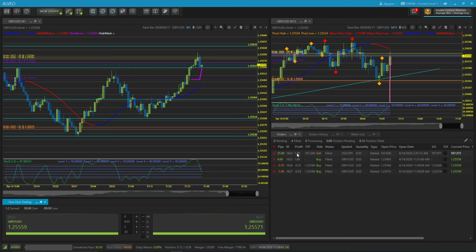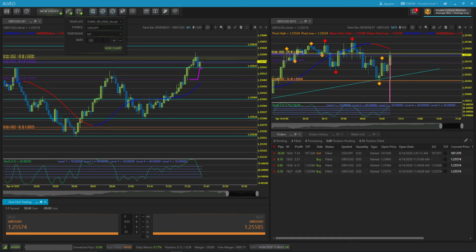This trade here was an overnight trade. I had a couple overnight trades. I'm still trying to adjust my stop loss.